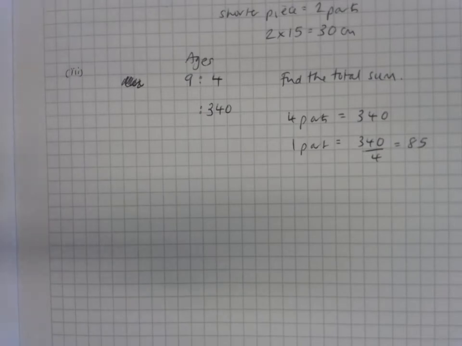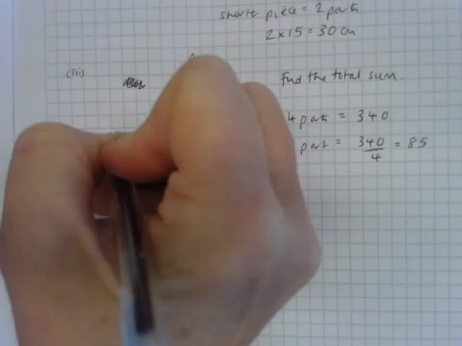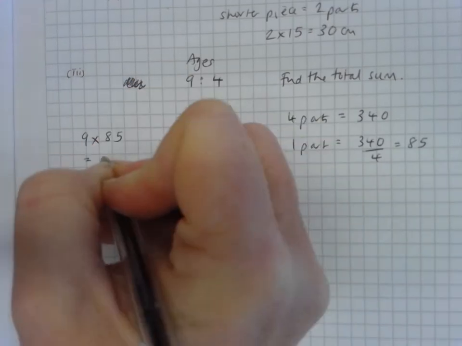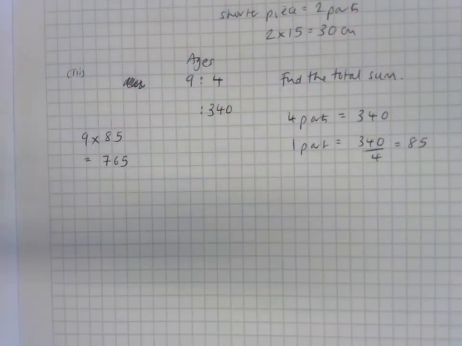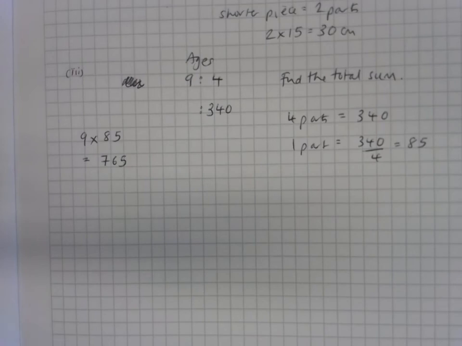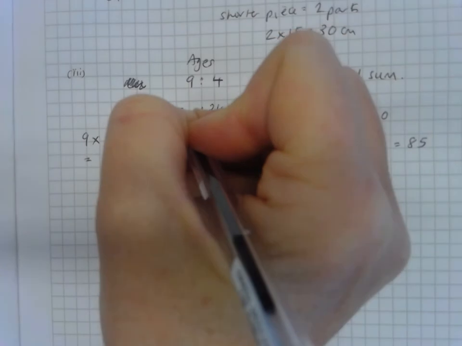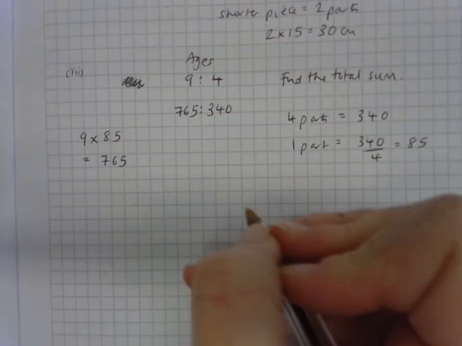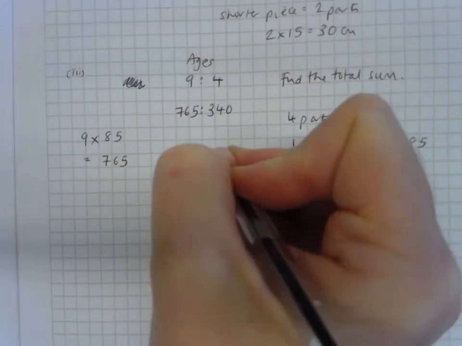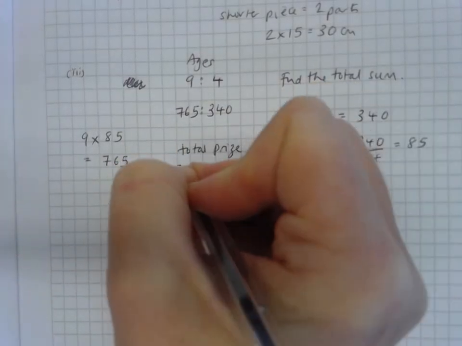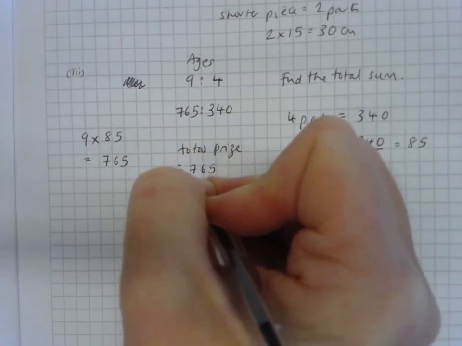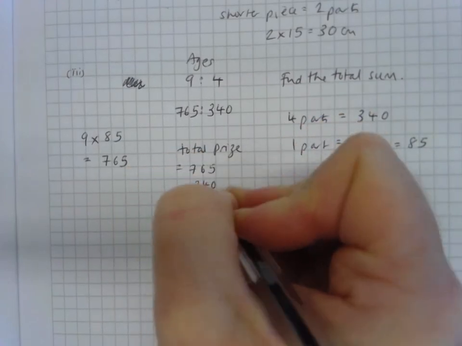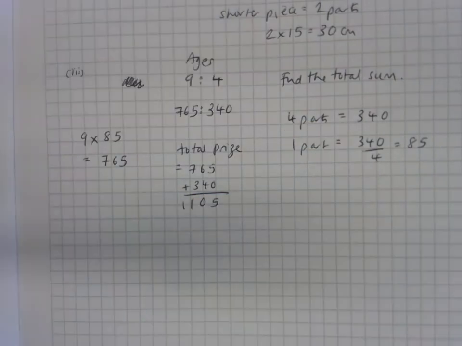So 9 times 85, which equals, what, 765, I think. 9, 5, so 45, 9, 8, so 72, yeah, 765. So the older child must have got 765. So altogether the total sum, or the total prize, was 765 plus 340. So 1105. Seems like a very strange amount of money, but I suppose that's how it works.